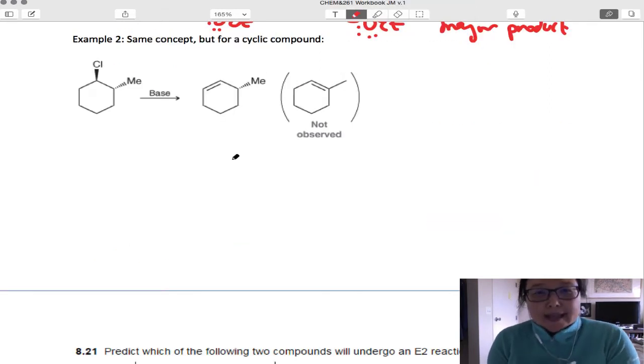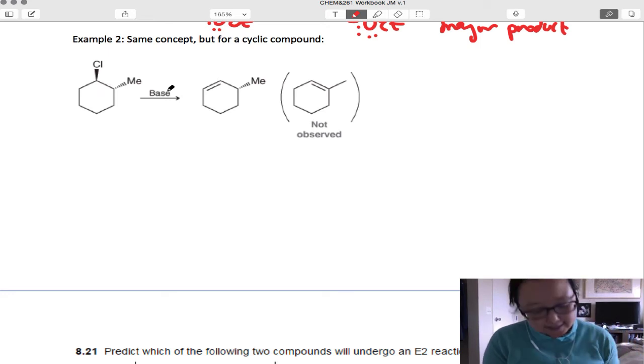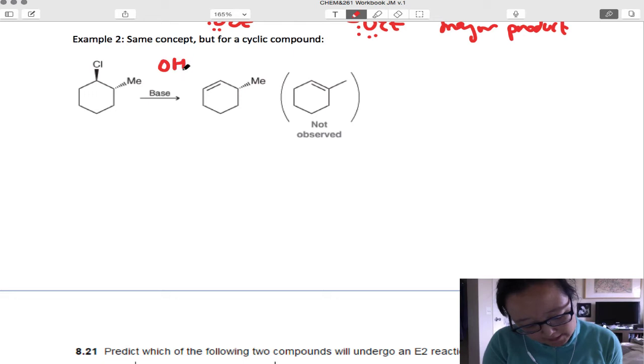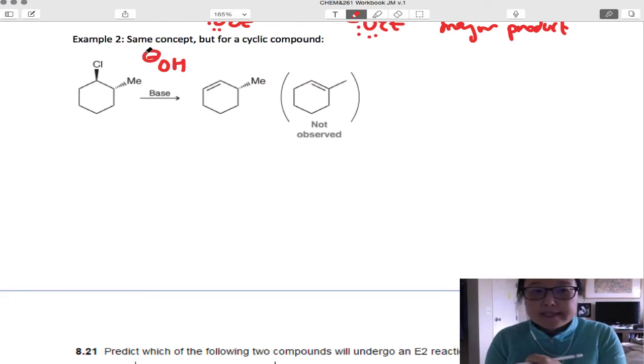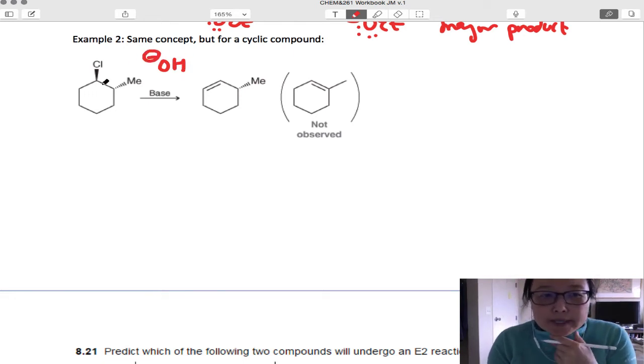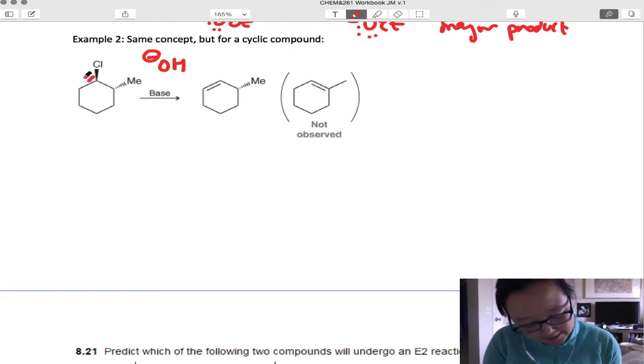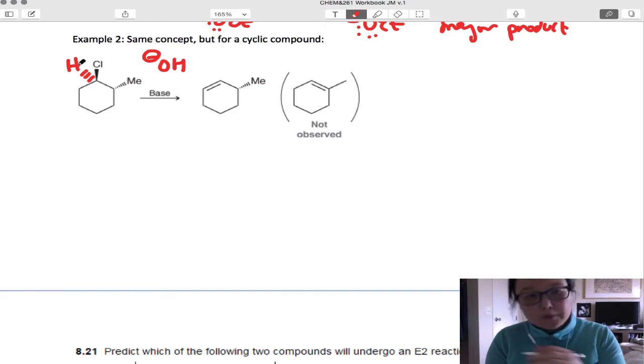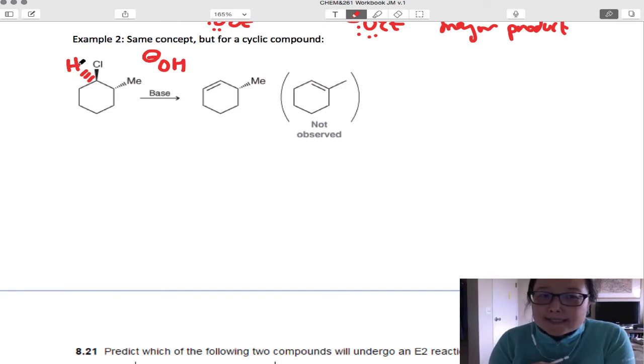So let's take a look at this reaction, and we have again a base. Let's assume it's a strong base, and let's assume it's a small base, so we have options here. So if we could take an internal hydrogen to make a Zaitsev alkene, we will, but this is E2, and the new concept is that we want hydrogens that are antiperiplanar to the leaving group.